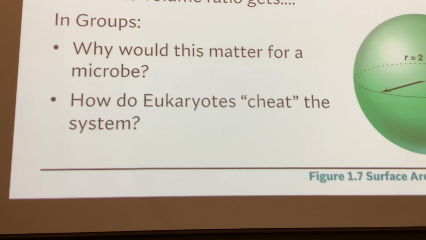Oh yeah, okay. All right, so I flubbed this a little bit. Why does this matter for a microbe? But how do eukaryotes cheat this system? Anybody? Well, let's just do a quick discussion. So if you're a eukaryote, how do you get around this? Because obviously in general, cells are bigger.